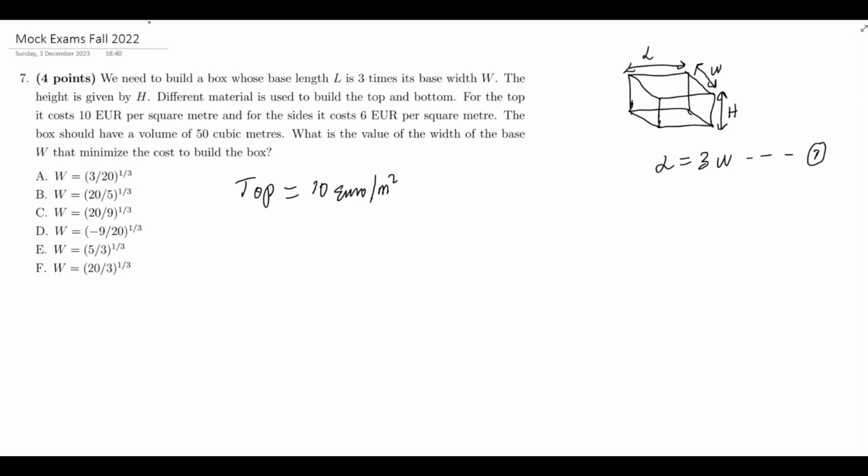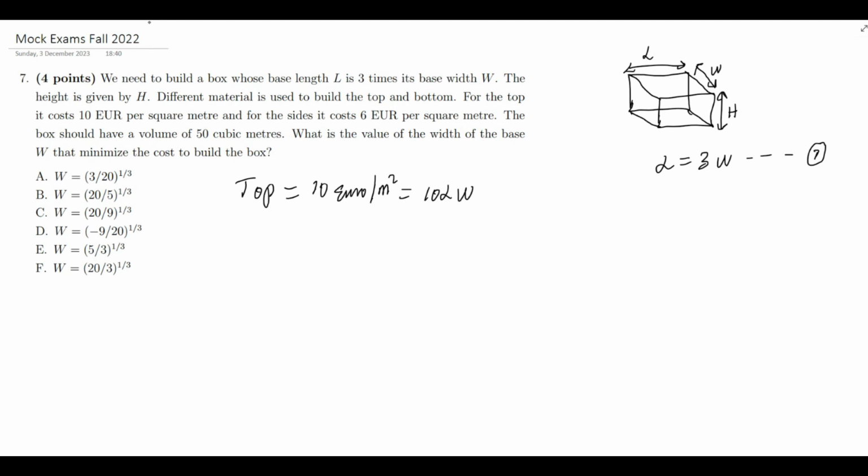That this square meters is the unit for area, right? And we know that the area is usually length times width. Now since the top is described by the width and the length, since it's per square meters, the cost will be 10 times length times the width. We have to take that into consideration.